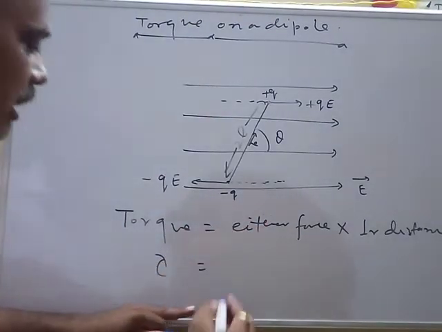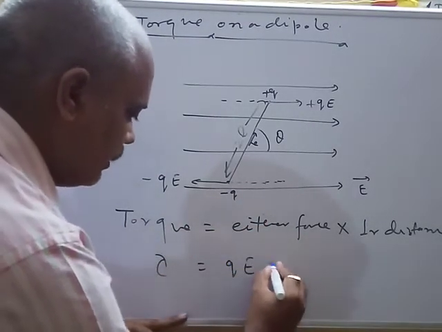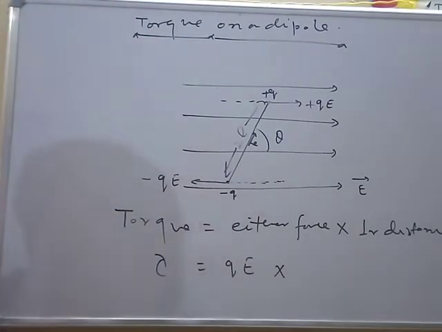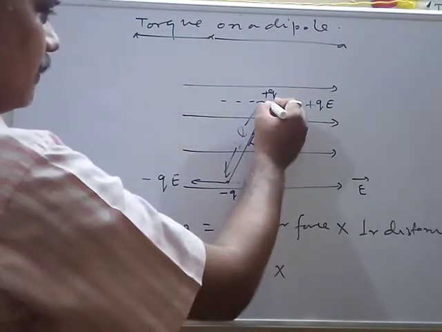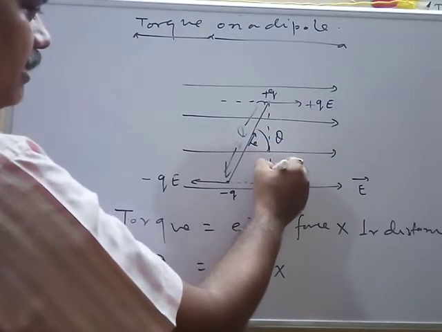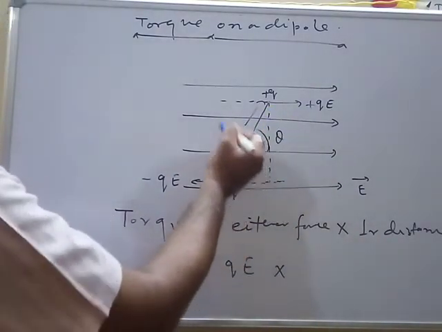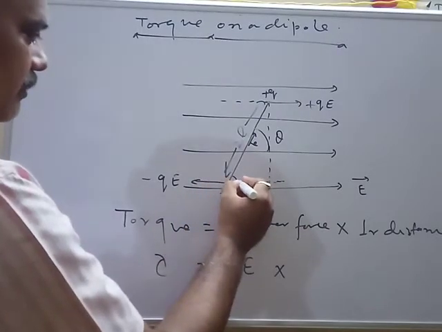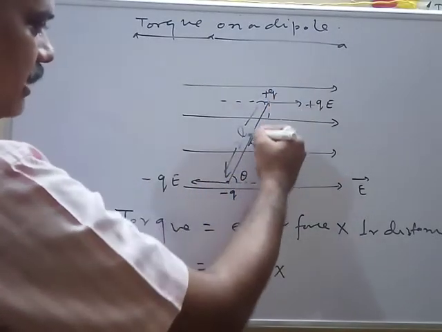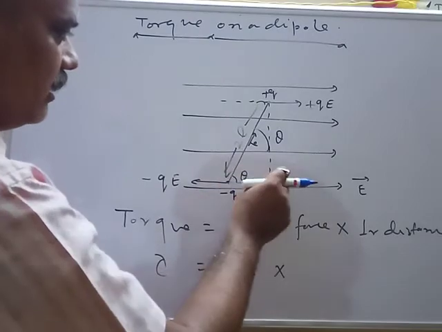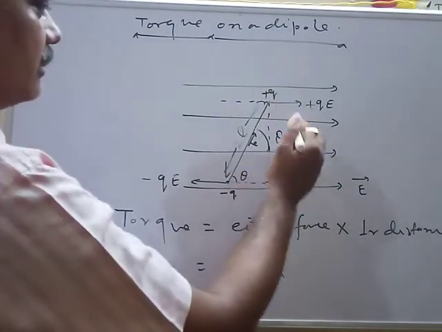Tau equals either force, it is qE, and perpendicular distance, this distance between the lines of action. Now if we resolve this distance, this becomes 2L cos theta, and this becomes 2L sin theta.